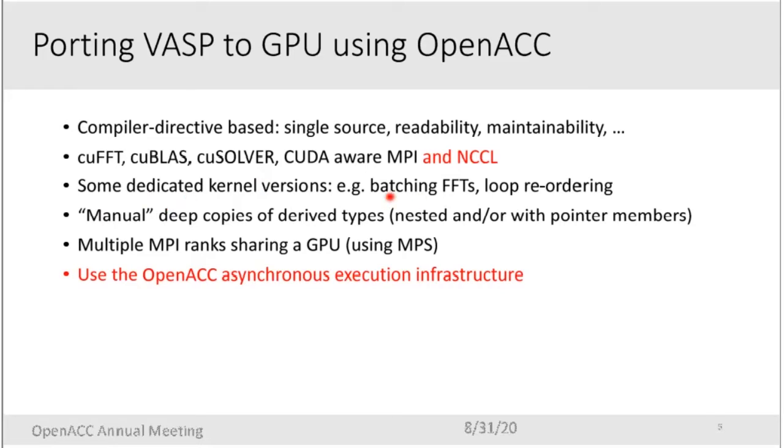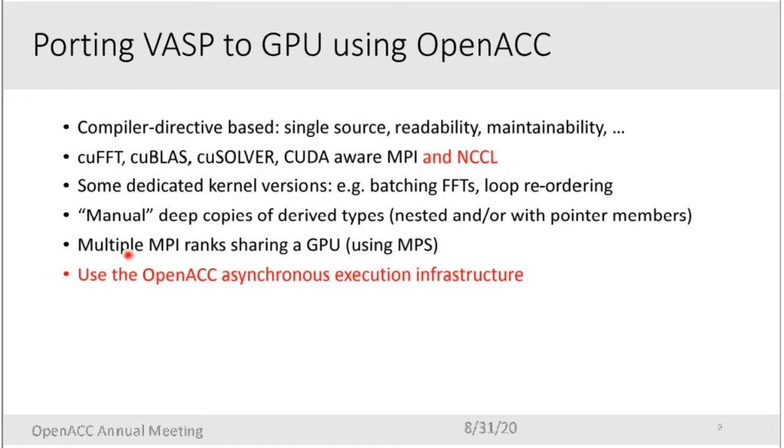We batched some FFTs, we have reordered some loops in some kernels, stuff like that. A lot of additional programming was concerned with manual deep copies that we had to do for our nested derived types, but I don't want to go into that in this presentation. I just want to mention that we have a lot of issues with small workloads, so it's hard for us to saturate GPUs sometimes.